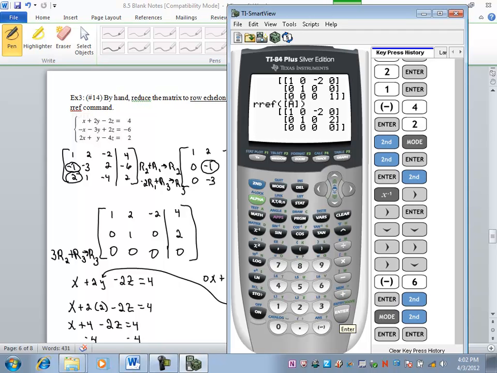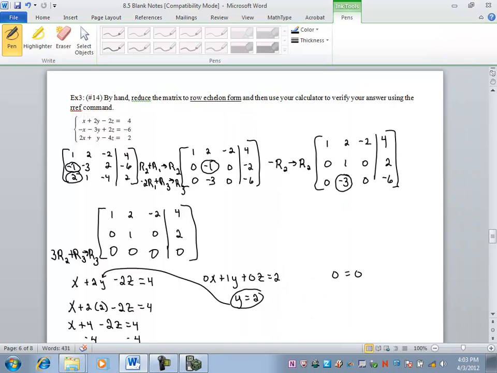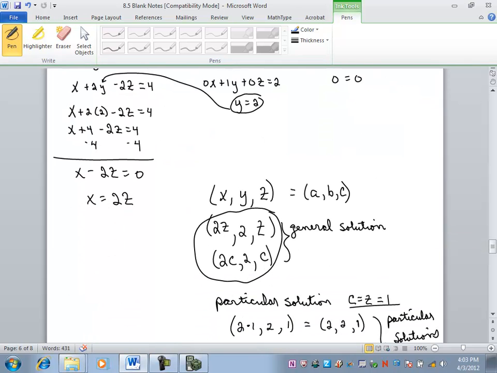And now check out, we have zeros across the bottom, 1y equals 2, and x minus 2z equals 0, and so x is twice whatever z is, and we see that in our particular solutions here that we've written, and in our general one for that matter. X is twice whatever z is, and that gets us to where we were by hand a little bit ago.